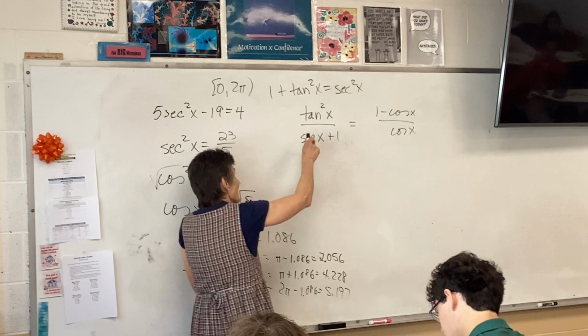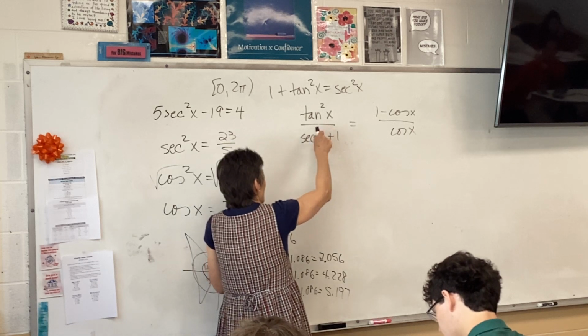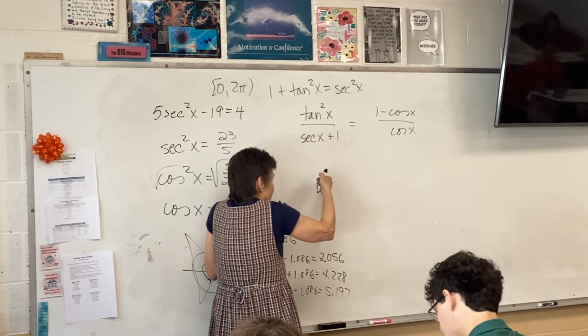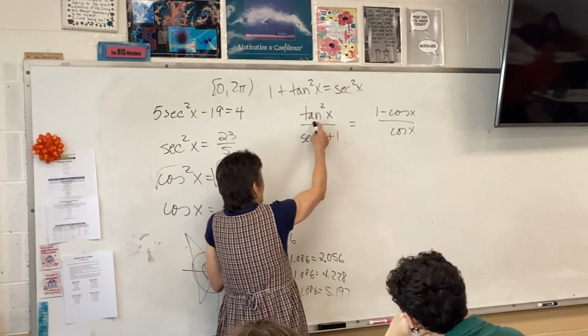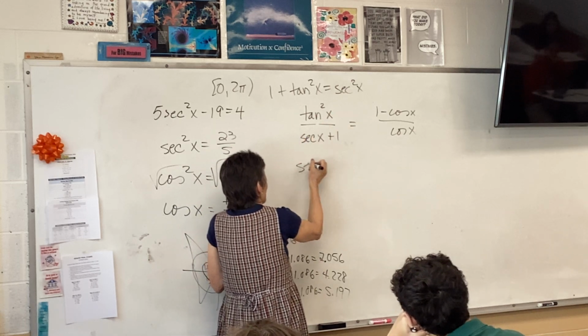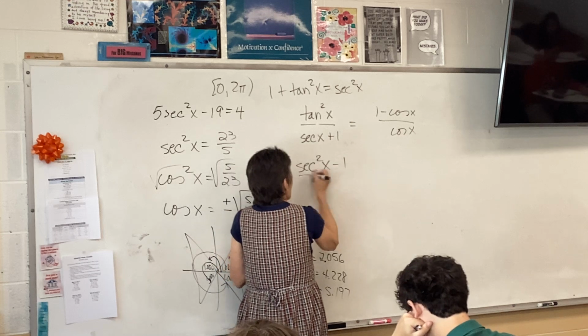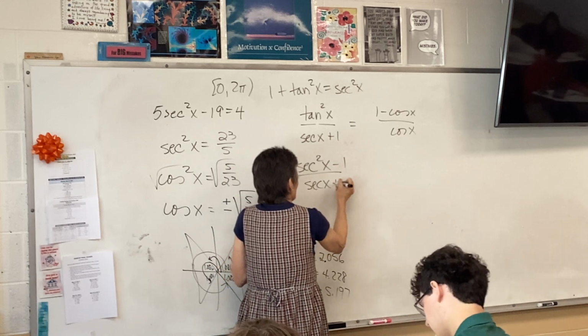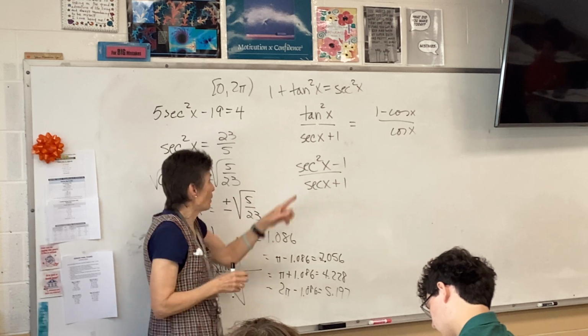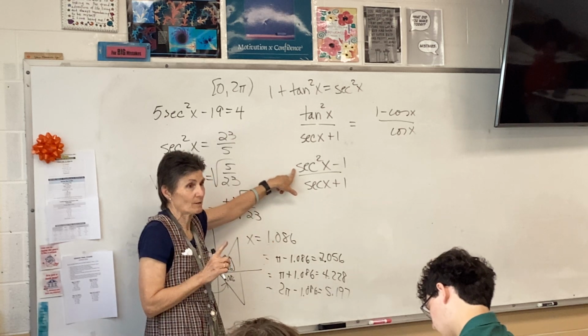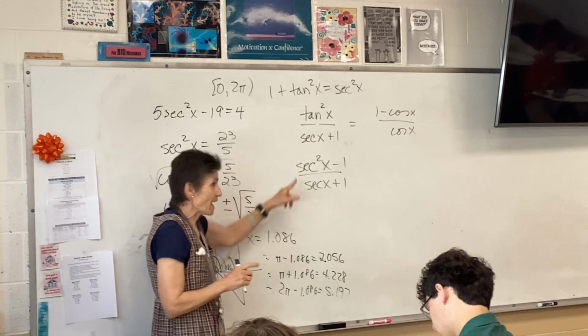So when I see that tangent squared on top of secants, I'm thinking, Alex, maybe I'll do what she said. I'll change that tangent squared into secant squared minus 1. Now, nothing cancels at this point, but what can I do with my numerator? Oh, you can factor it.